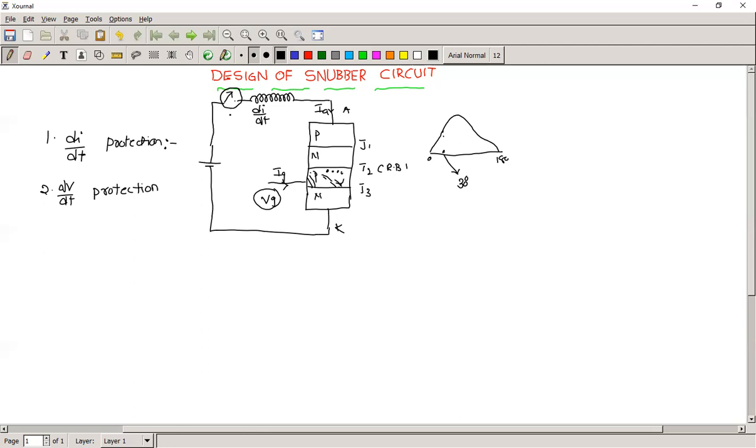Whenever we close the switch, a sudden voltage is applied across the SCR. We know that junction J2 has a junction capacitance, which we already studied. So if dV by dt is more, because of the junction capacitance, junction J2 will vanish, and the SCR goes to the on state before 30 degrees.